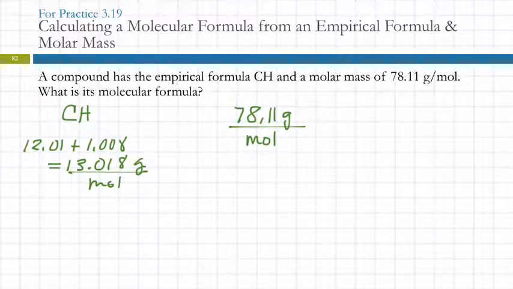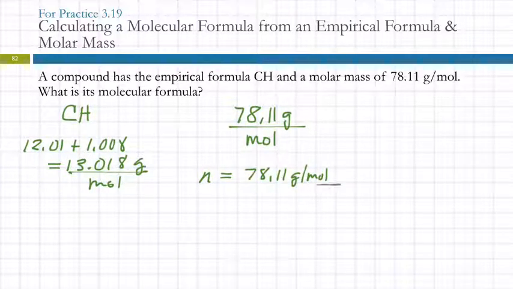Well, do division. So that n, that multiplier, is going to be the 78.11 grams per mole, the actual molar mass, divided by the molar mass of the empirical formula.